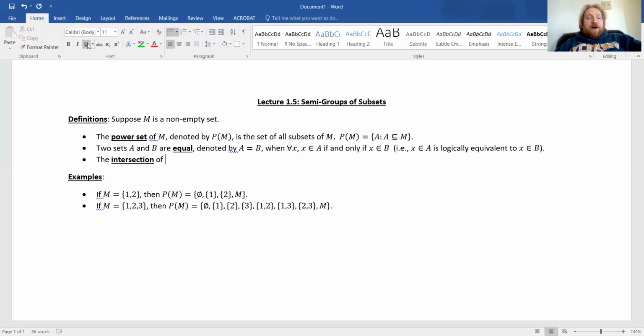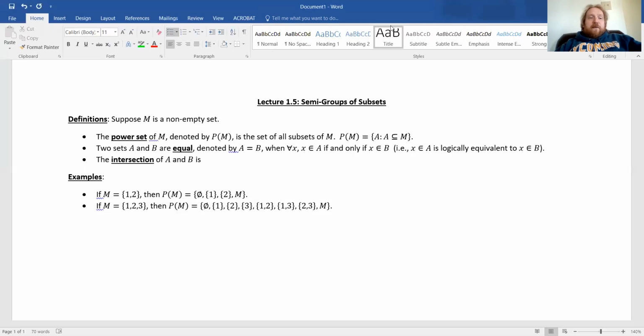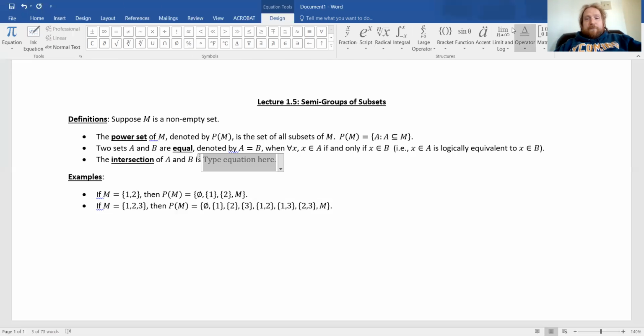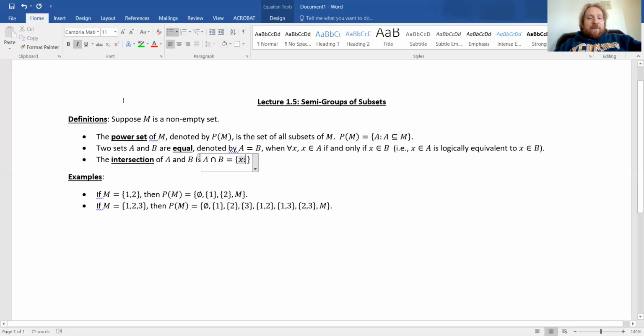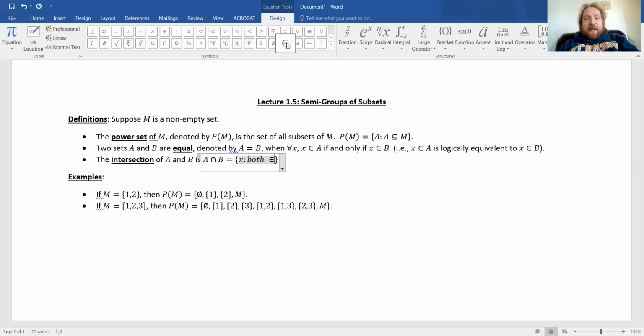So the intersection of A and B is the set of all X such that both X is a member of A and X is a member of B.